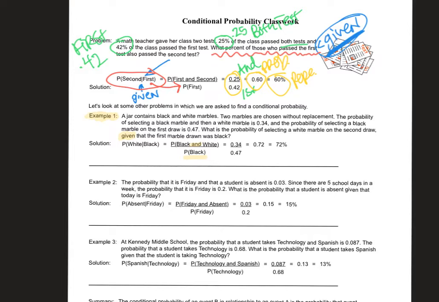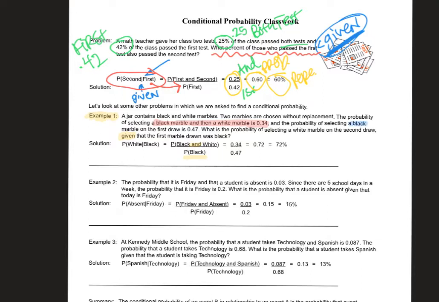Let's highlight some important things. The probability of selecting a black and then a white marble, so black and white, is 0.34. That's important because that has and. And the probability of selecting a black marble on the first draw is 0.47, so that's also important.